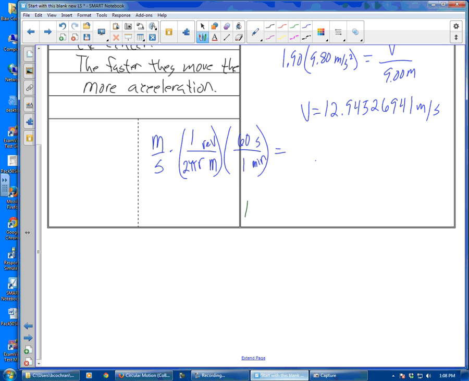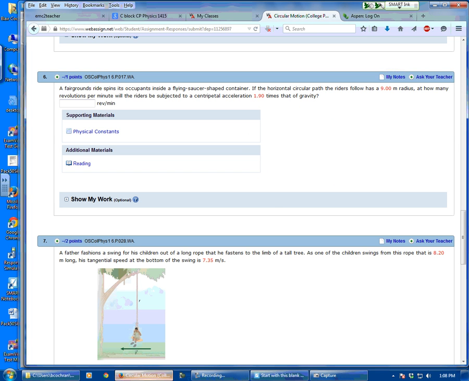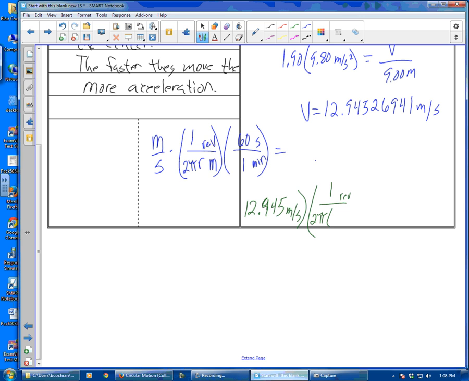I've got 12.945 meters per second multiplied by 1 revolution over 2 pi. I forget what my radius here was. 9 meters? 2 pi times 9.0 meters.